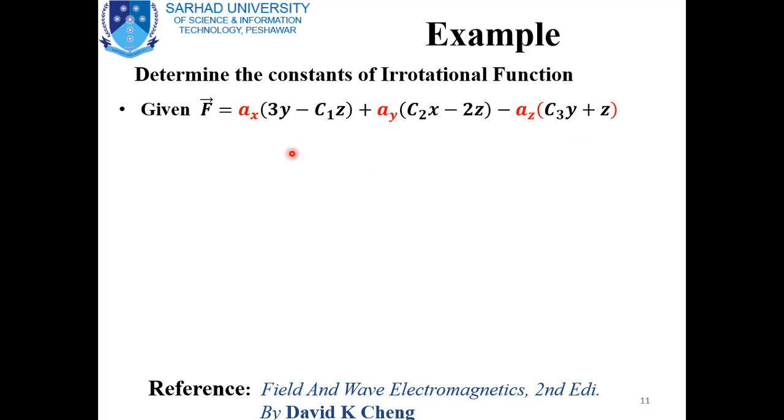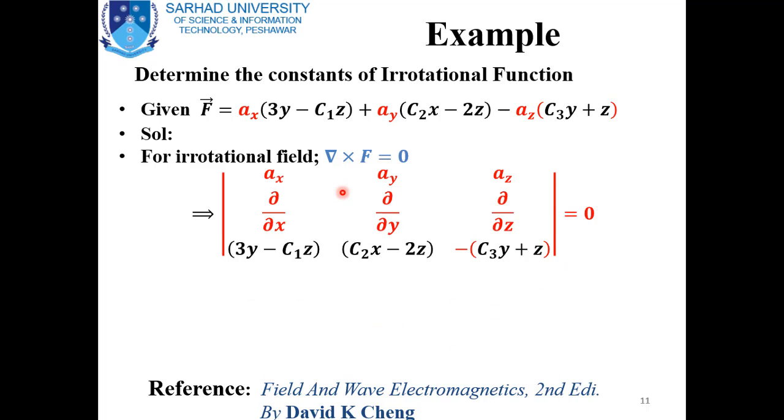So the given function f is in the Cartesian coordinate, and as the function is irrotational, its curl must be equal to 0, and we can obtain the curl of this function by using the formula of the curl in the Cartesian coordinate. So we will use the determinant method, and in the first row of the determinant we will write the base unit vectors, which are ax, ay and az.